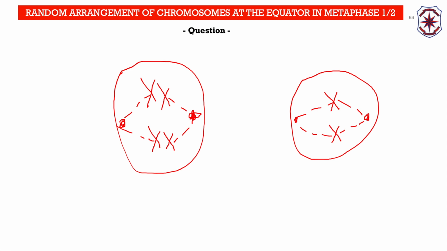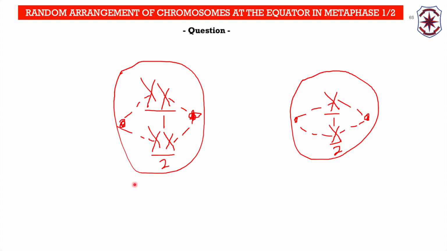There we go. Now, let's say for example, this is chromosome pair 1, and this is chromosome pair 2. Okay? This will be individual chromosome 1, and this will be individual chromosome 2. Okay? So, they do not necessarily pair themselves in a specific order.